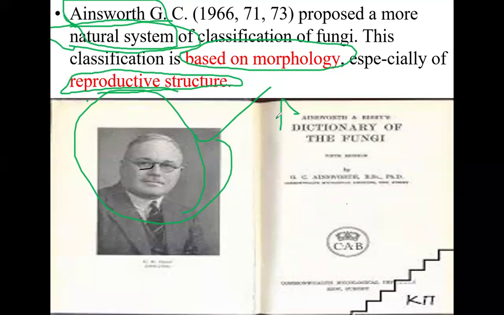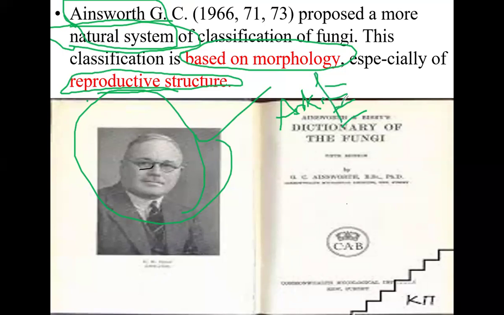Linnaeus classification, what type of classification is it? Artificial, natural, phylogenetic, all of the above or none of the above? Which one? Linnaeus classification is the artificial classification. Don't forget.